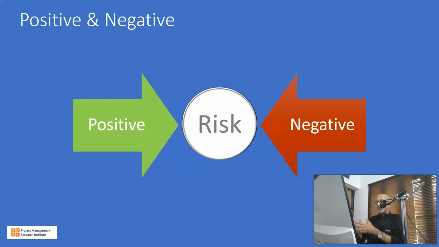Or you started a business and then suddenly too much demand, and then you have to scale it up. Oh, that is an opportunity. So that is a positive risk. And as usual, we have negative risk because things can go wrong in projects. So that is negative risk. So the key lesson here is there are two types of risk: positive risk as well as negative risk.